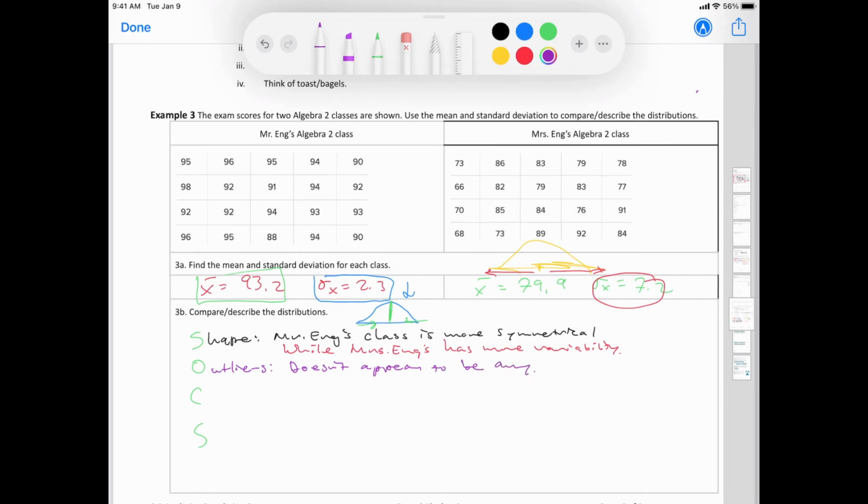I'd be looking for someone who scored like a 20 or a 30 or a 10, or in Mrs. Ng's class, if there were no 90s, right? I see that in 92. If those were gone and everyone else was scoring in the 70s, 80s, and someone had a 100, that might be a possible one.